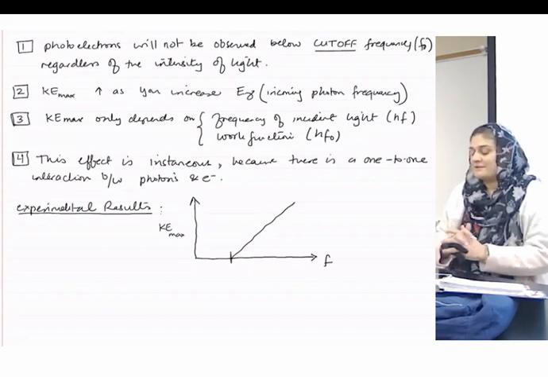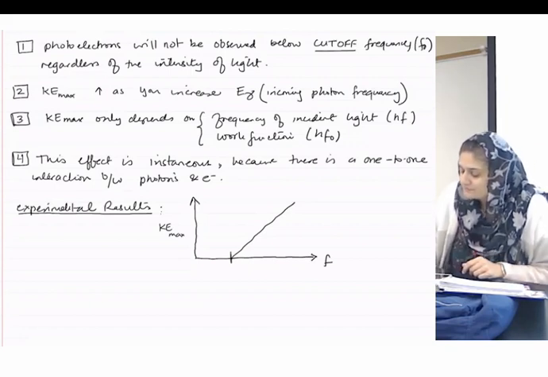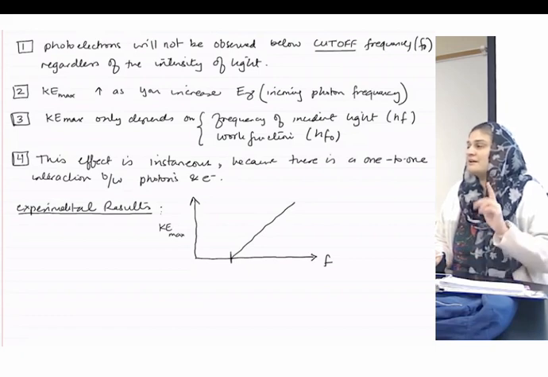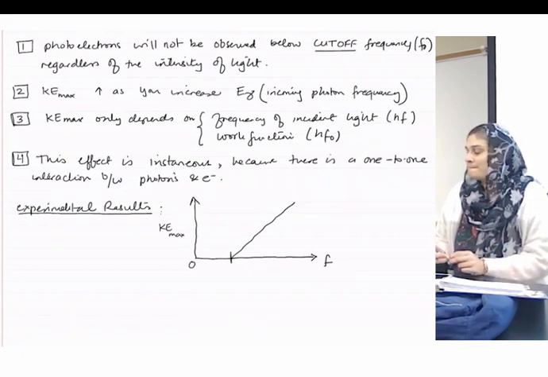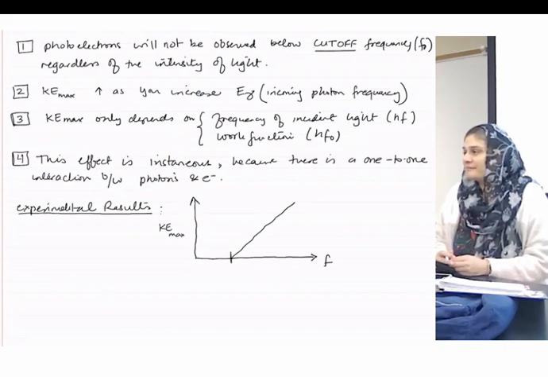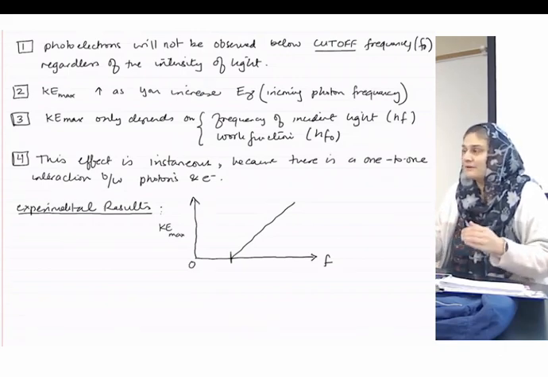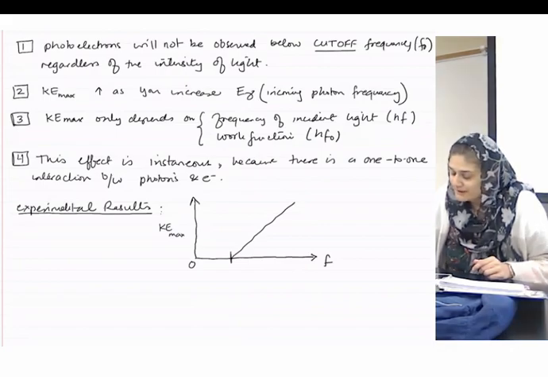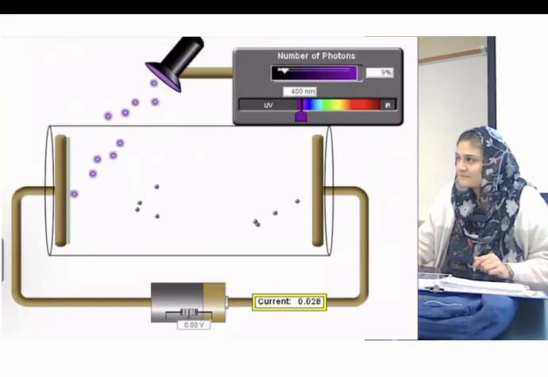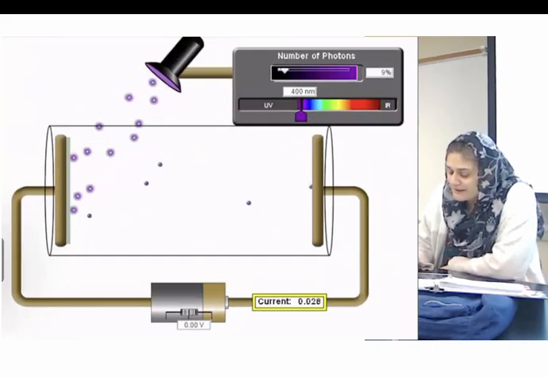What does this graph tell you? Everybody just stare at this graph for a second. It's a metal surface, and I am shining different lights on it.